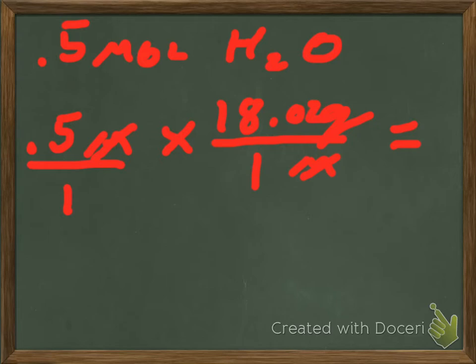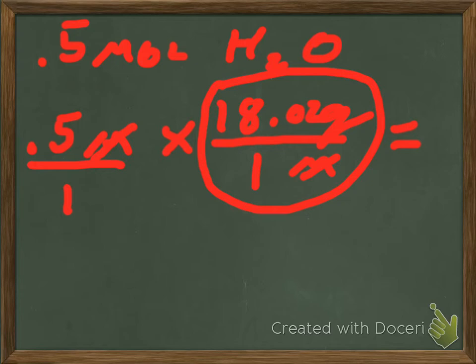So if we go ahead and do our math here, 0.5 moles times 18.02 grams per mole of water, and that's the molar mass of water. That's what goes here. So right here, this area right here is always the molar mass. In other words, how many grams in 1 mole of whatever it is we're talking about. In this case, it's water. Last time it was carbon.